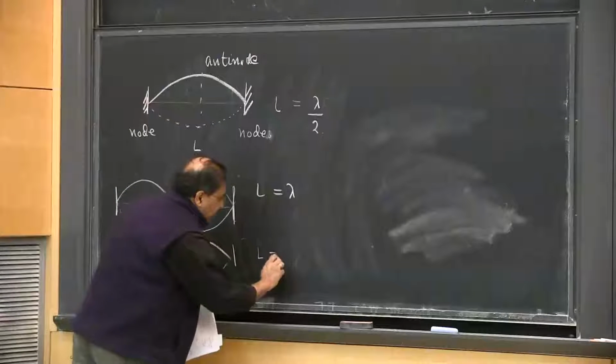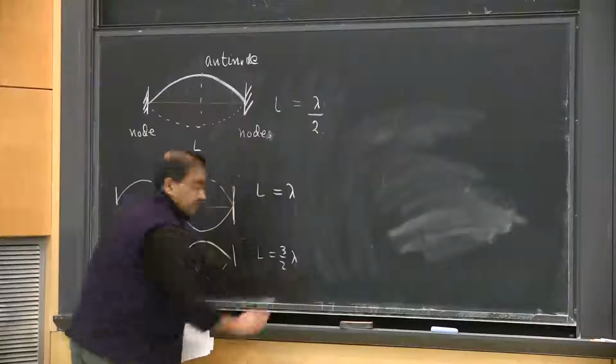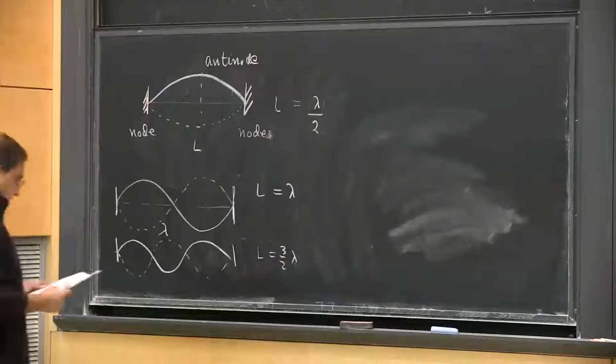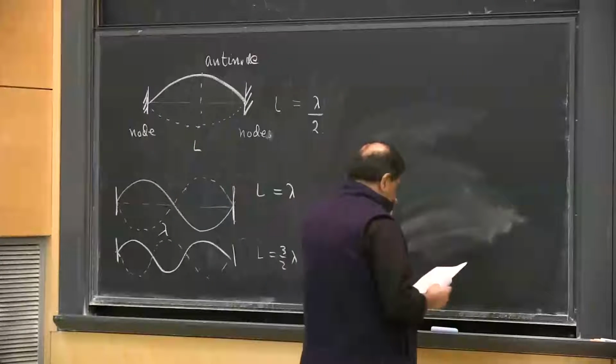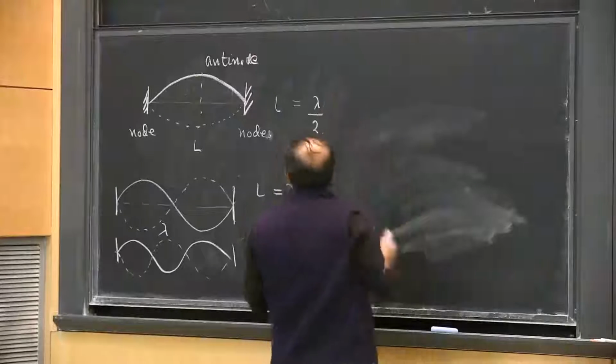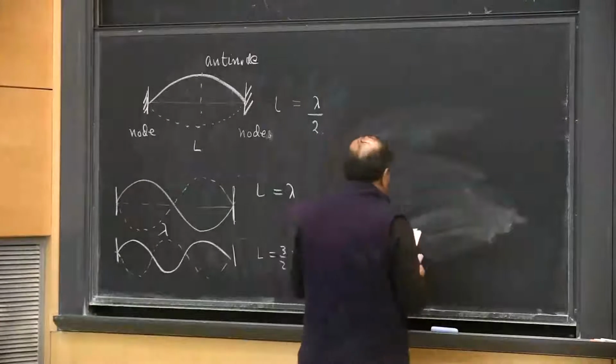So L here is 3 over 2 lambda. And I can go to L equal to 2 lambda and so on and so forth. So the first thing that I want you to do is therefore understand the connection between L and lambda.